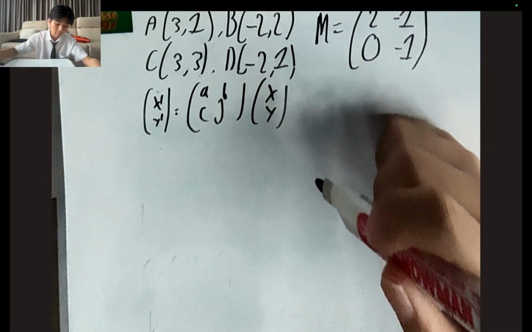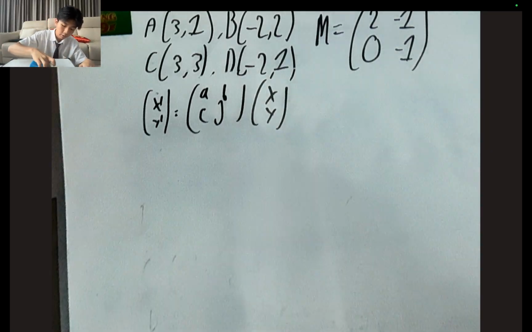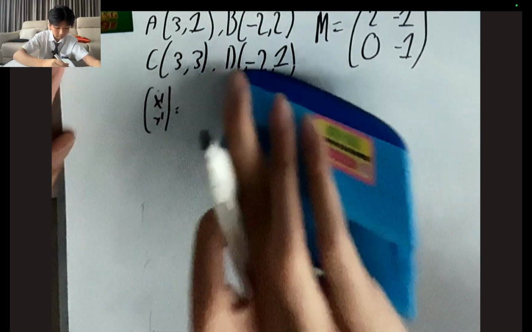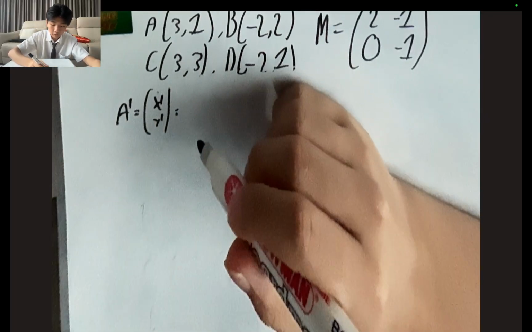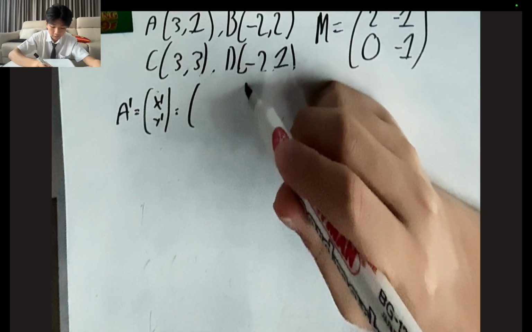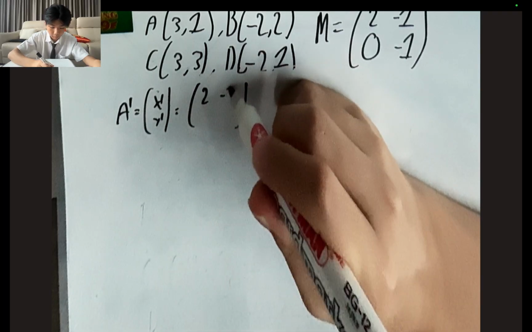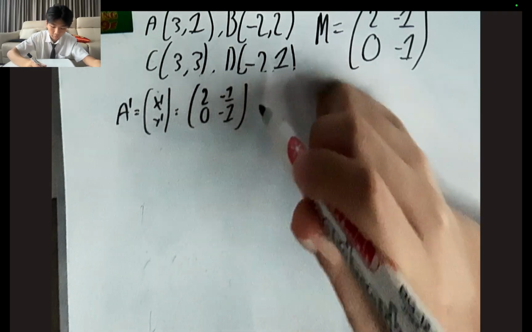So to find the first point A', we can simply input the matrix, multiplied by its coordinate 3, 1.